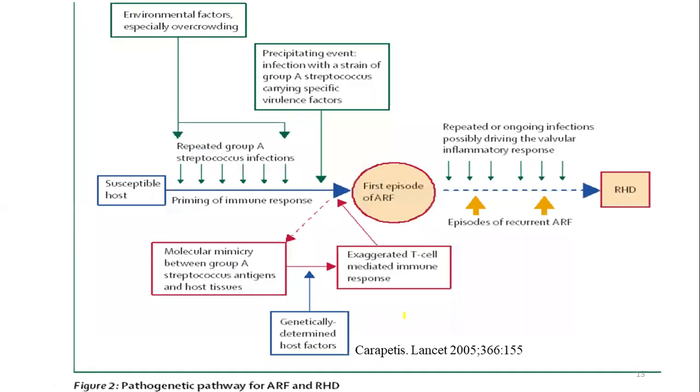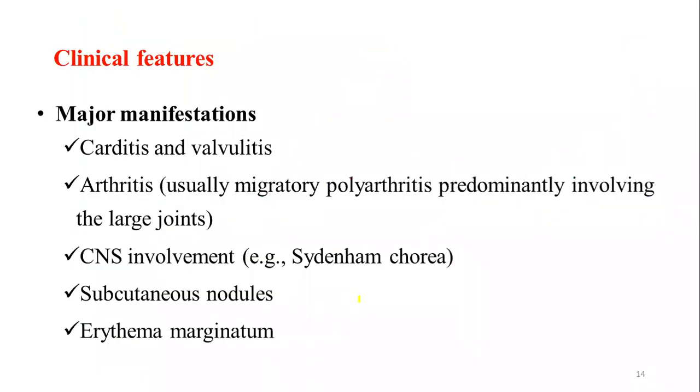Okay, I think this one you can read, and even this one is just an explanation of how this condition can actually affect. Okay, then having said this much, let me talk about the clinical presentations of acute rheumatic fever.